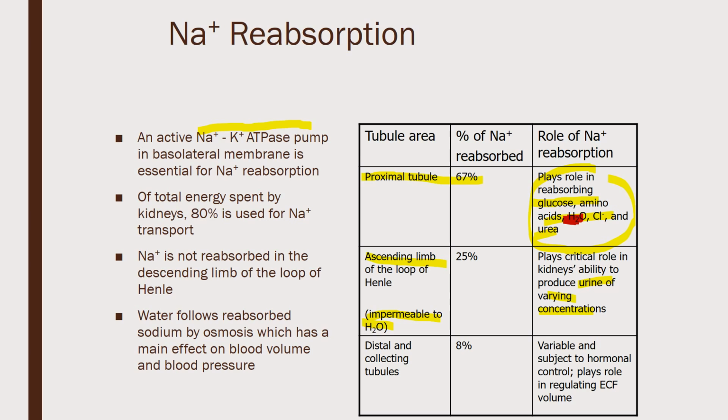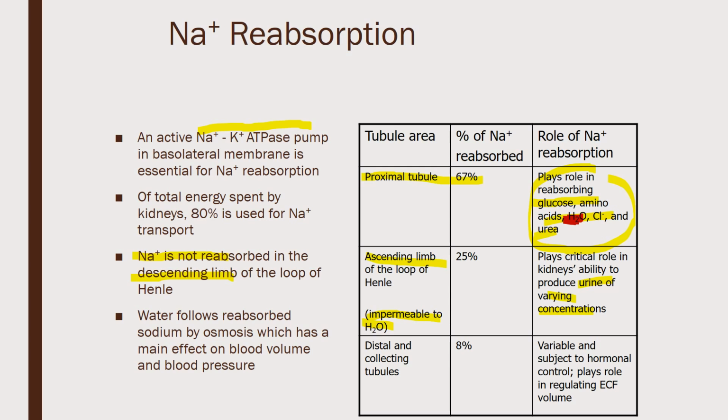And different hormones are going to affect how much is going to be reabsorbed and the concentration. So then, since we have an impermeability to water for the ascending limb, this means that sodium is impermeable in the descending limb, okay, for that loop of Henle.